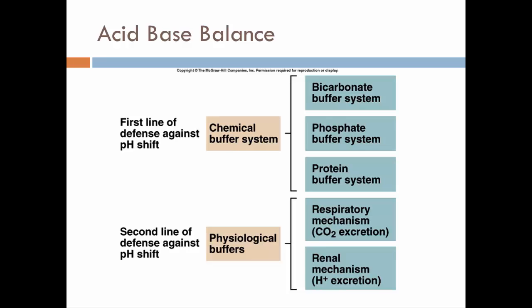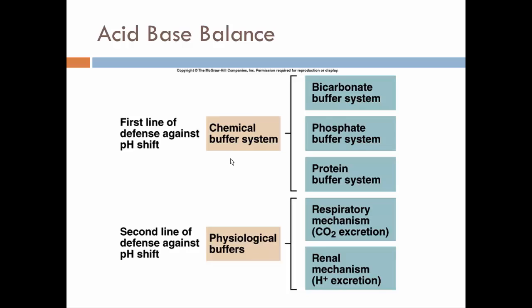So first, let's get an overall look at the different buffers we have. There are both chemical buffers and physiological buffers. The chemical buffers are our first line of defense. That is, if the pH should drop in the blood, or in cells, or in extracellular fluids, these buffers kick in immediately and help maintain a normal pH.